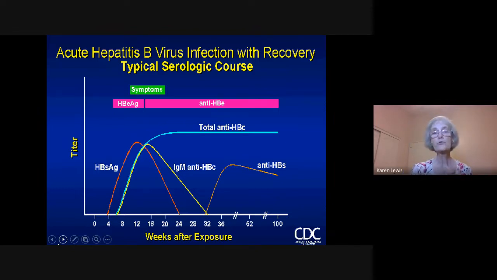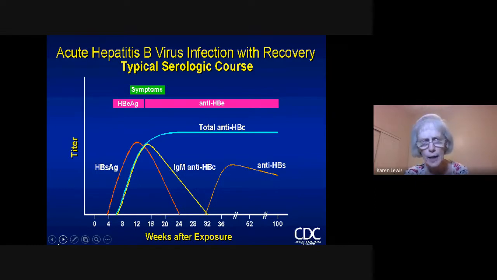And at first you form antibodies against hepatitis B core antigen, and that's the yellow line, IgM antibody against hepatitis B core antigen, and the blue line is the total antibodies against the core antigen, and the total combines both IgM and IgG. And over time, you get antibodies to hepatitis B e antigen, but it takes longer to form antibodies to hepatitis B surface antigen.